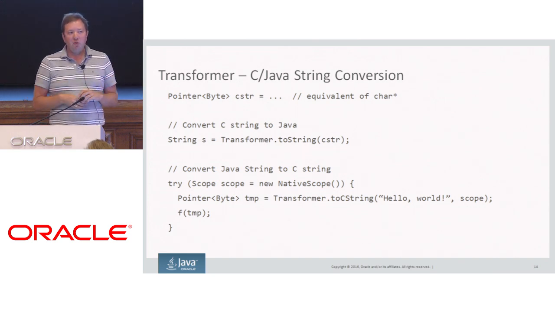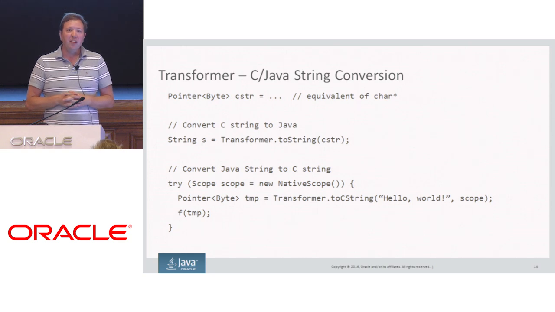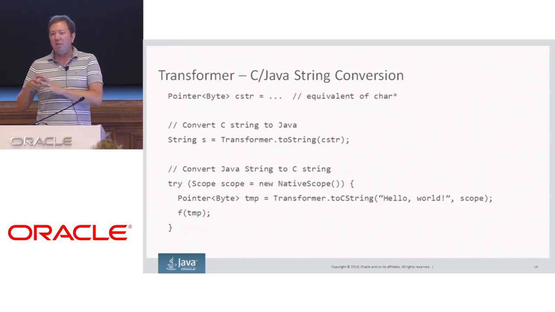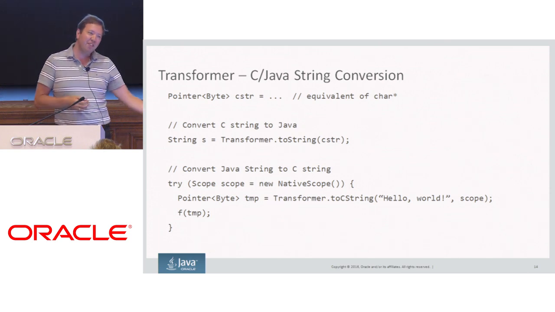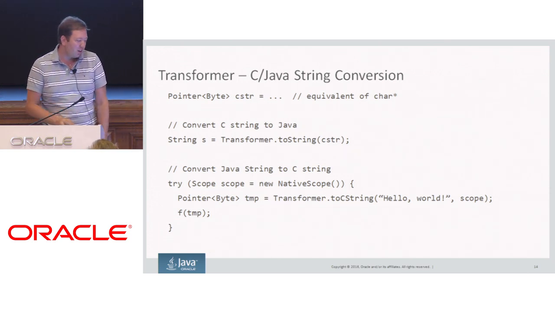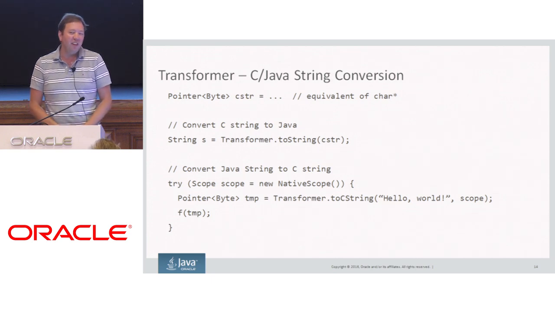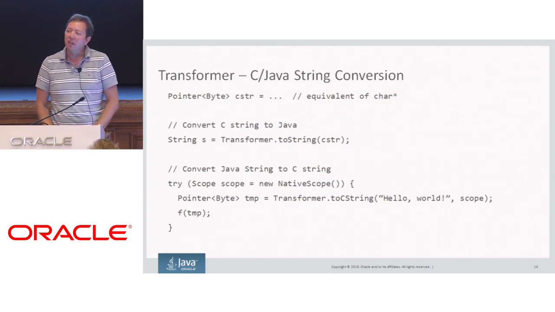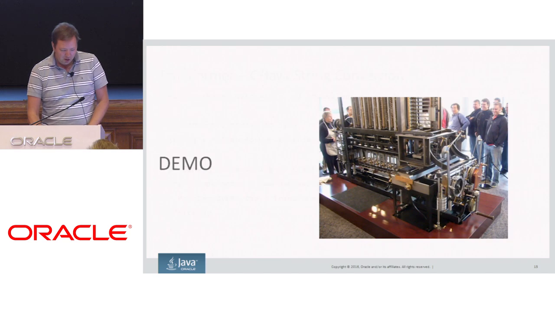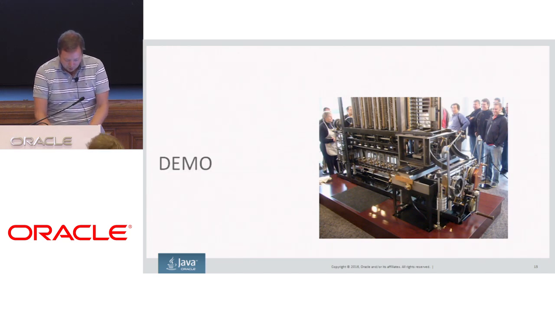It's allocated on the heap, so we don't actually need to care about scopes and things like that. But the other way around, obviously, we want to place this string in native memory so that we can pass it into C functions. And then we do need a scope. So converting to a C string actually does take a scope argument and creates a native representation of that string.